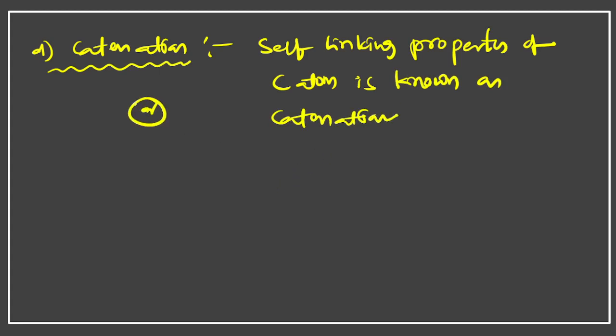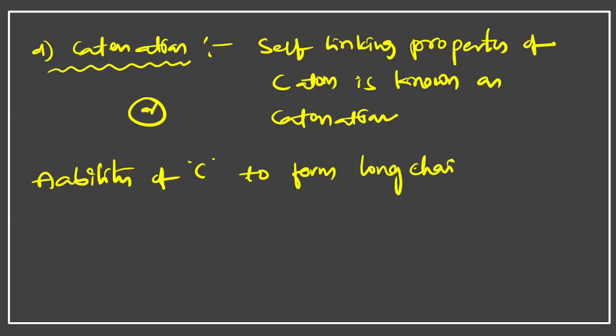One more definition also: the ability of carbon atom to form long chains or rings is known as catenation.